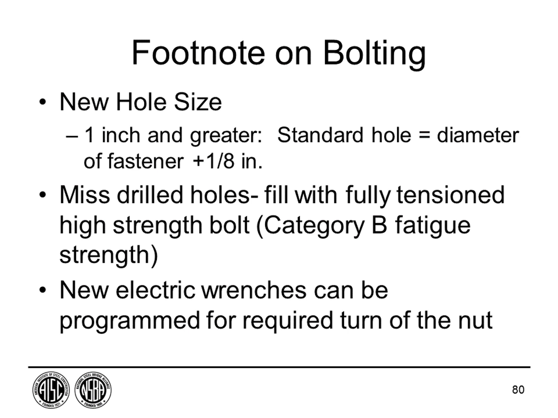That'll give you a Category B fatigue strength, the same as a normal bolted connection. Avoid welding up the hole or anything like that; just put a bolt in and tighten it up. There are some new electric wrenches out that are very light that can be programmed for turn of the nut, which provide a much more reliable method and are gaining popularity.